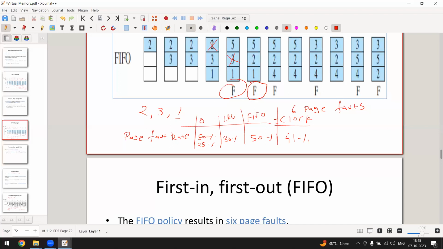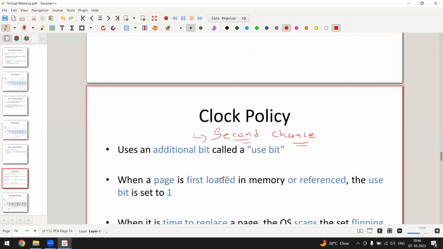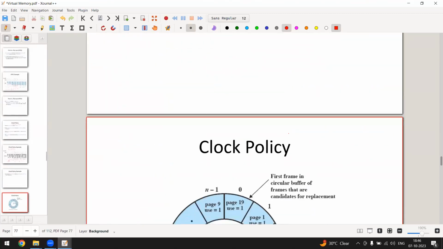So you can see that clock policy is somewhere between LRU and FIFO, right? Means that it's not as good as LRU, but also not as bad as FIFO. Something between them. So definitely no one can match the optimal policy, but if you want to go nearer to it, you can use LRU and clock policies.